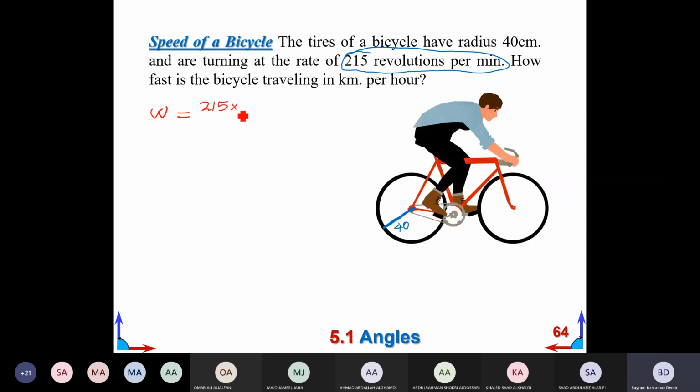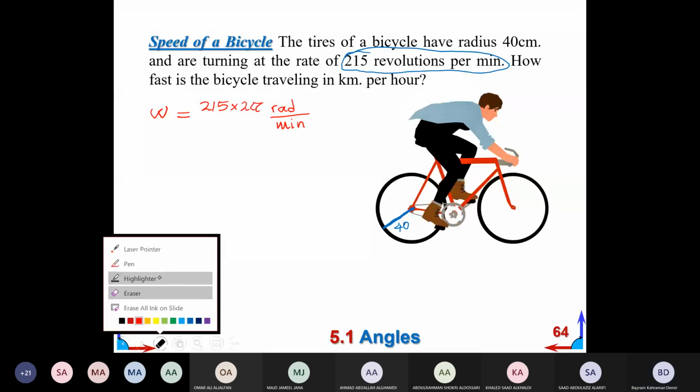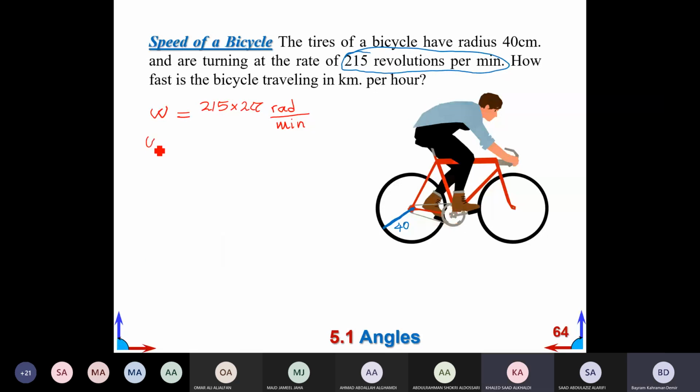Omega equals 215 times 2 pi per minute. This is radian per minute. So this is the angular speed. So 430 pi. 430 times pi radian per minute, Shabab.